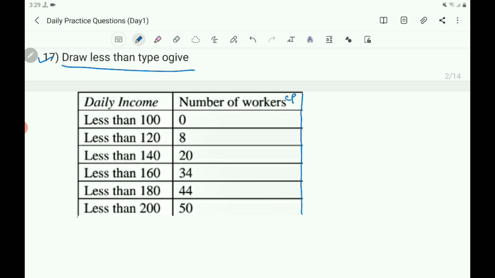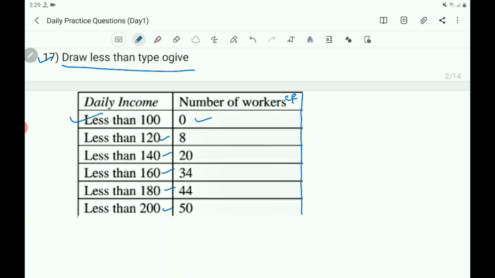As it is given less than 100, less than 120, it means it is a cumulative frequency. We have to draw the ogive graph, that is less than type ogive, taking this 100, 120, 140, 160, 180, 200 on the x-axis and this cumulative frequency on the y-axis.